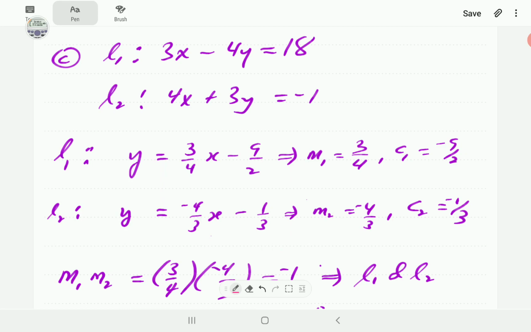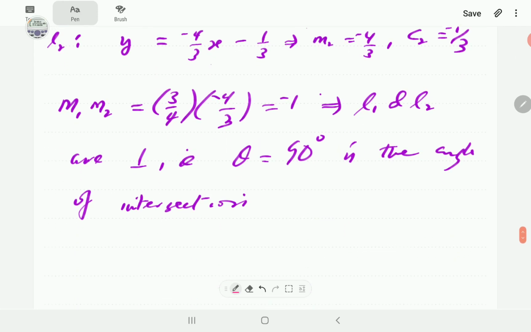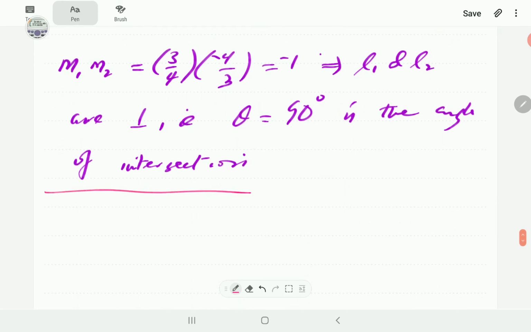So we're going to take this equation multiplied by 3, take this equation multiplied by 4, and then eliminate y. So that's the point of intersection.